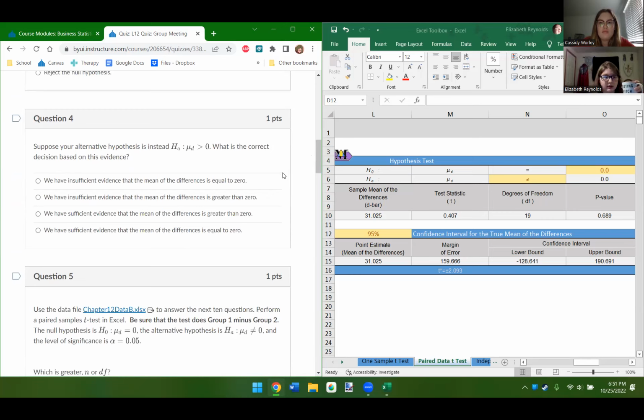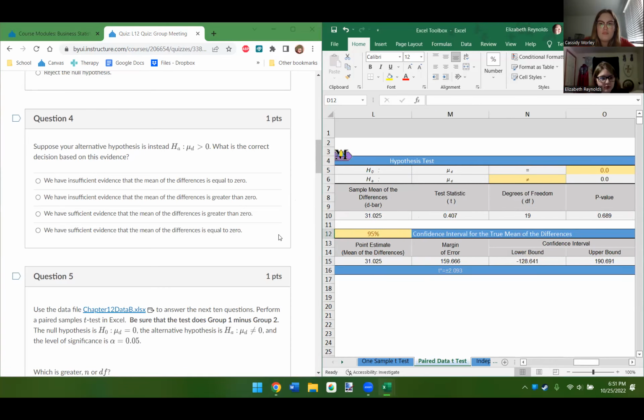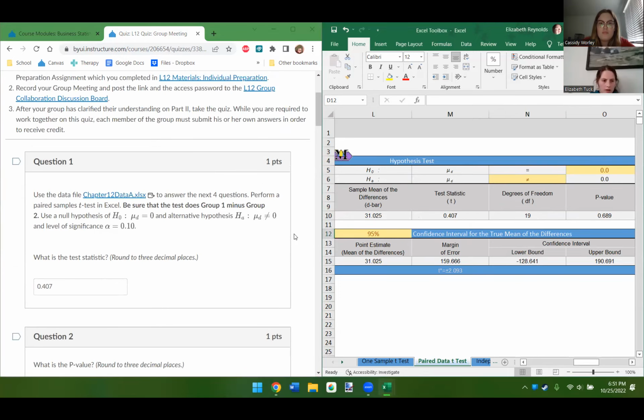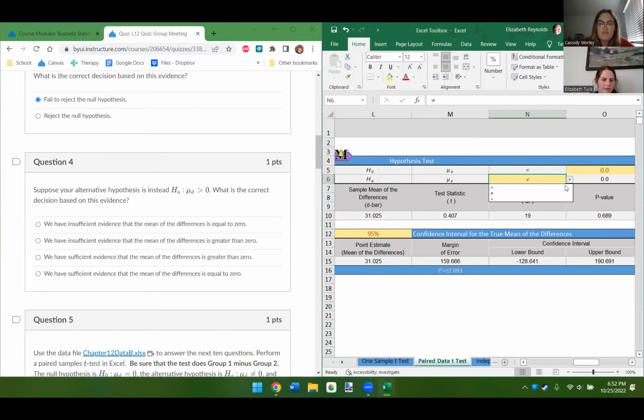So suppose the alternative hypothesis is this instead. What is the correct decision based on this evidence? I think we have insufficient evidence that it's different than 0, or that it's equal, because the p-value is still bigger than the level of significance.